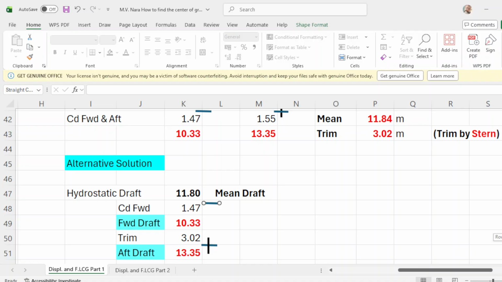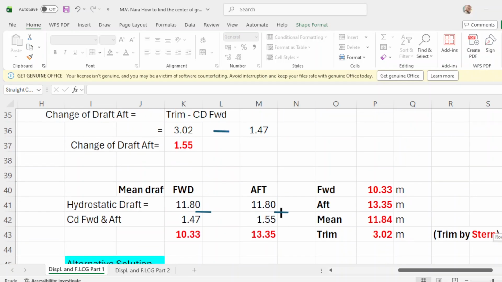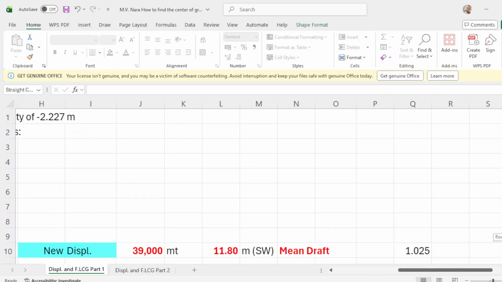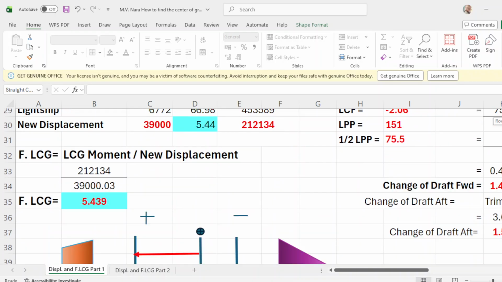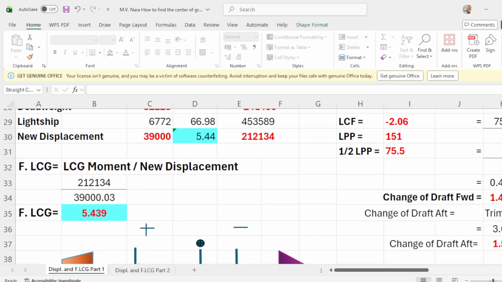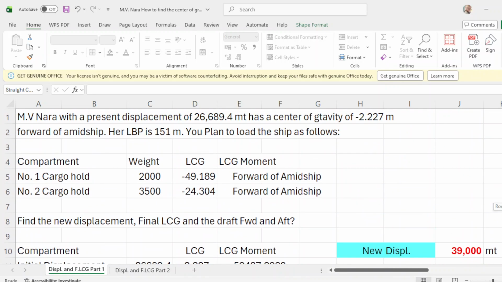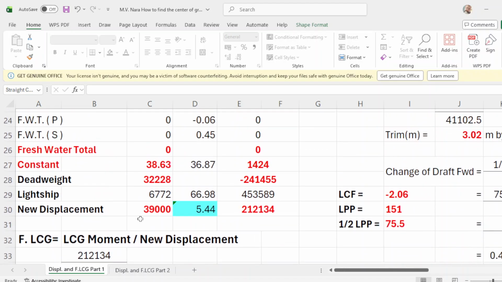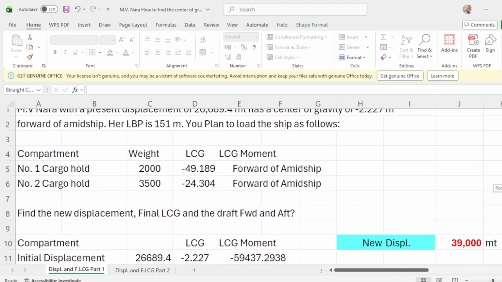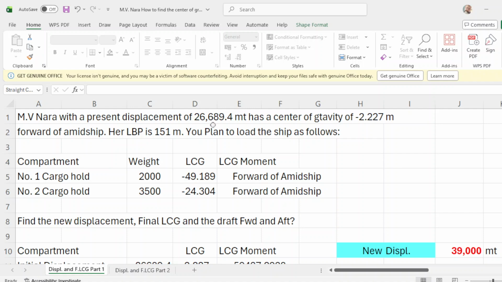Okay? So now you have your new final LCG of 5.44, and your new displacement of 39,000.